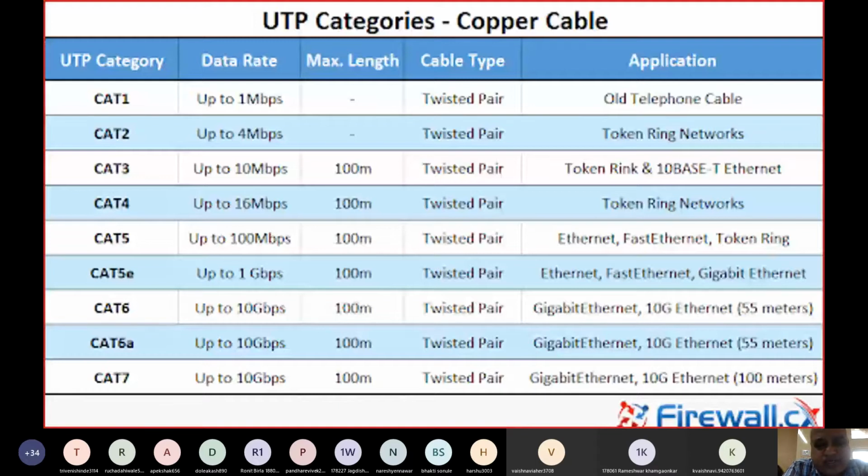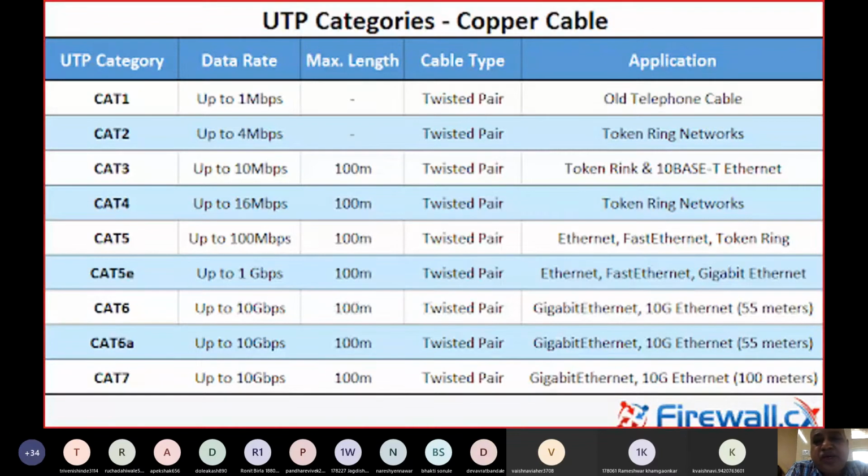UTP cables have been used for the last 30 years. Earlier, a coaxial cable was used when simple networking was done, and bus type wiring was used with BNC connectors. But later on, this cable became the best stable option. Now if you say Cat1, Cat2, Cat3, Cat stands for category, so these are UTP category cables, and accordingly various versions came into the market.